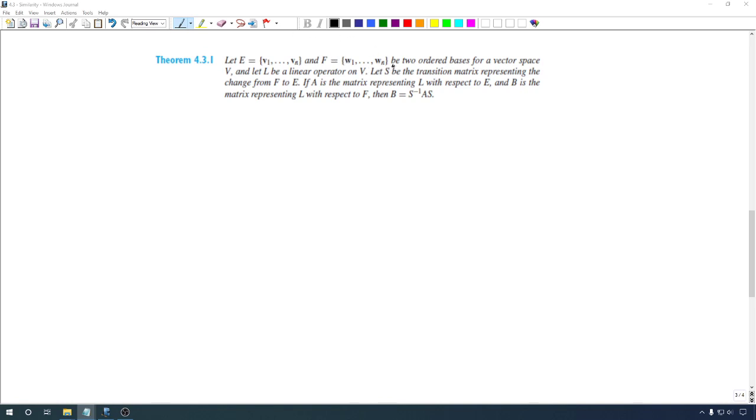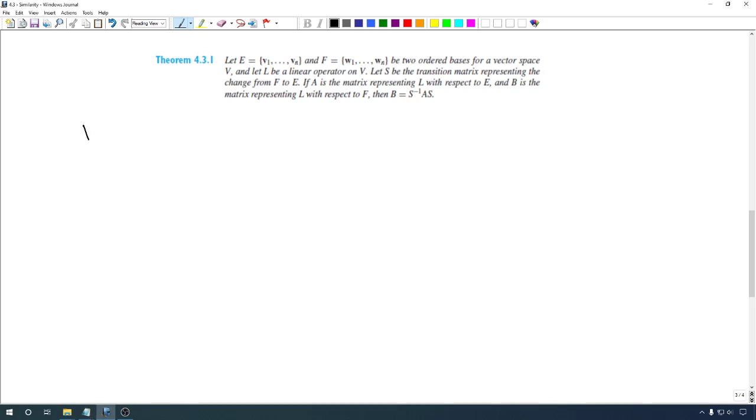We're going to use S for the transition matrix for going from the basis F to E. So S is the U that we had in the previous example. I'm not sure why they picked different letters for the first examples versus what they have in this theorem, but that's what they picked. But the idea is exactly the same.